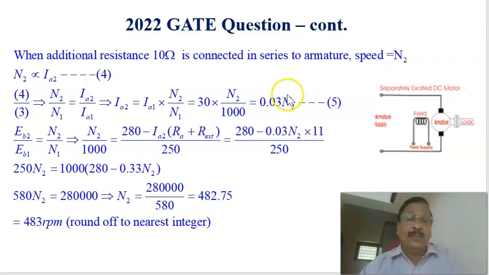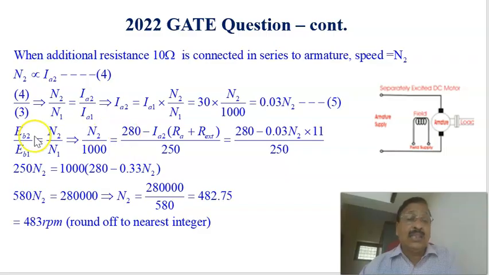Now, our aim is to find the speed N2 when 10 ohm is connected. We have seen that EB2 is proportional to N2, so EB2 by EB1 equal to N2 by N1, or N2 by 1000. That is equal to EB2 by EB1.